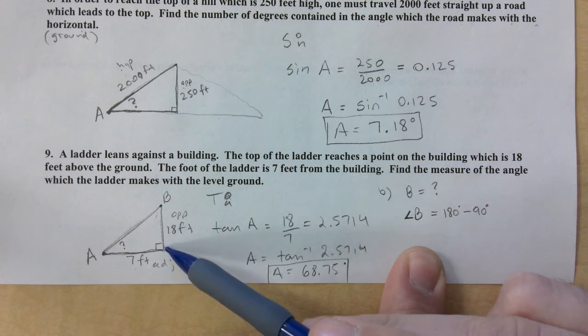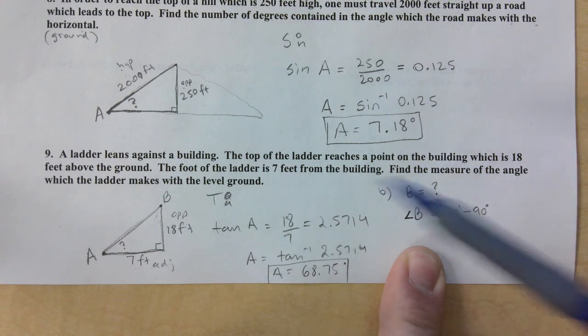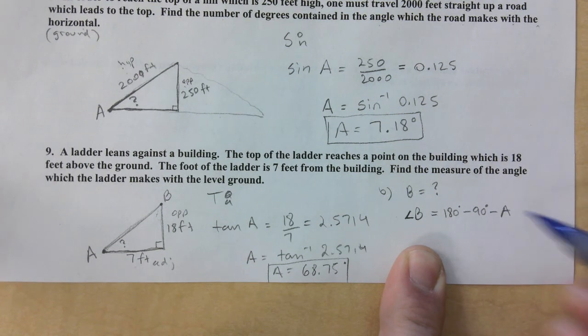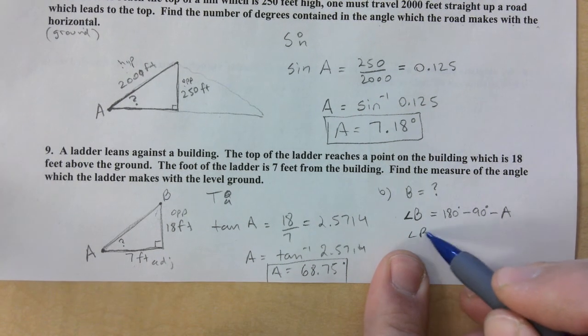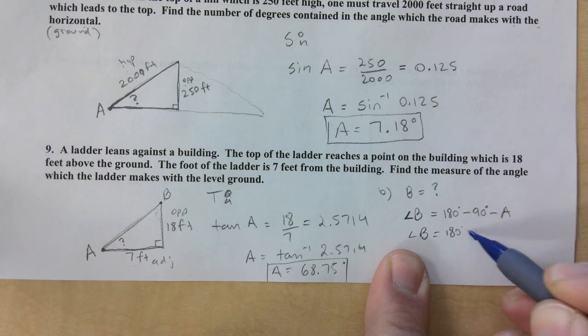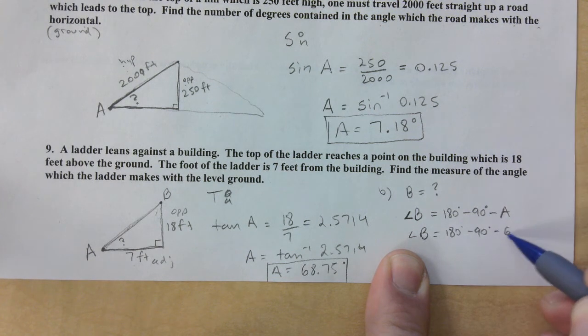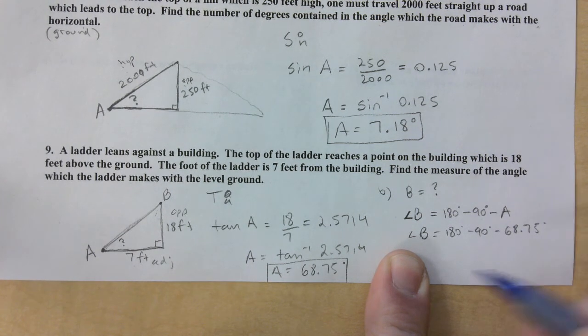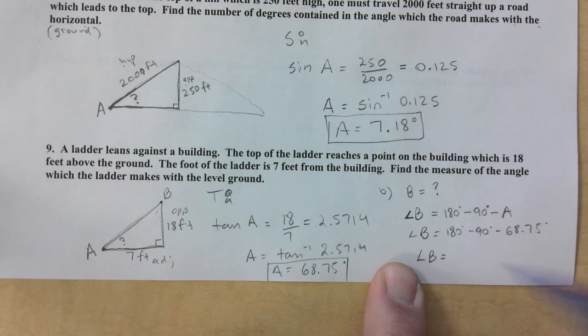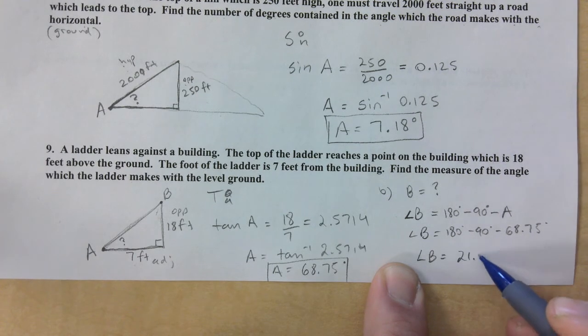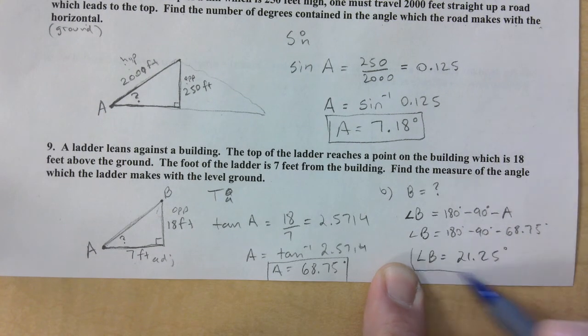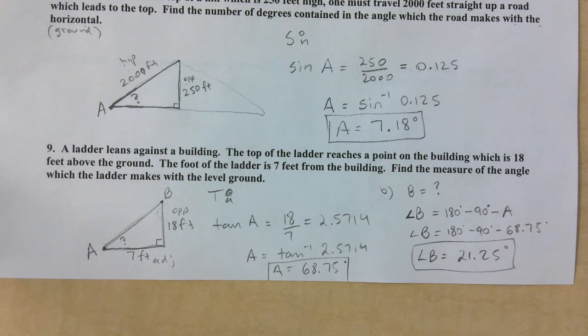There's always a 90 in our examples, minus angle A, right? So B is going to be 180 minus 90 minus 68.75. And that's 21.25 degrees. That's just an extension on that problem there.